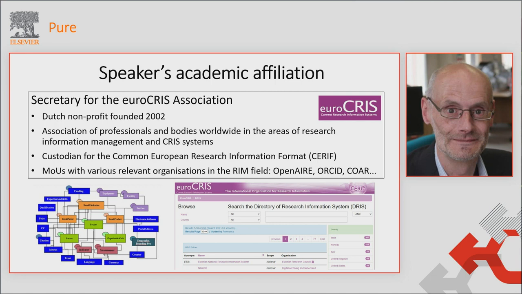Next slide, please. So coming back to the SERIF format, you have a screenshot there describing its structure. It's basically a set of interlinked entities. The main ones are the ones with a green background, so project, organizations, and people or persons.